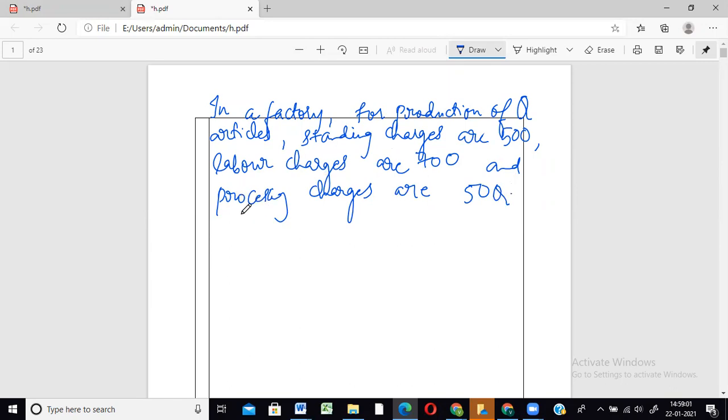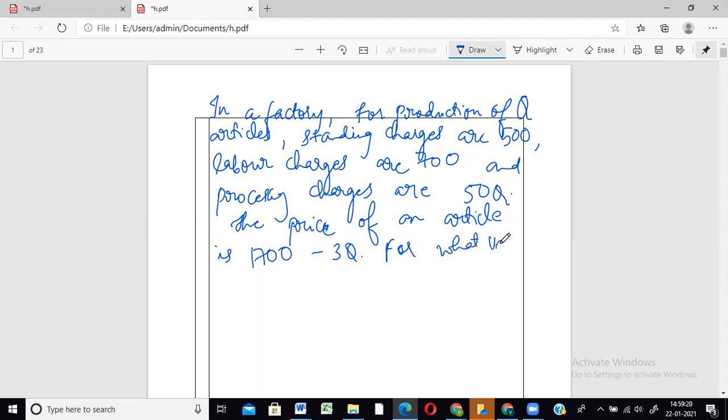The price of an article is 1700 minus 3Q. For what values of Q is the profit increasing?